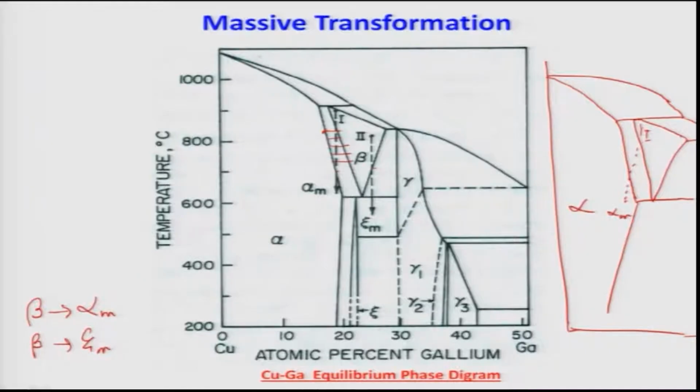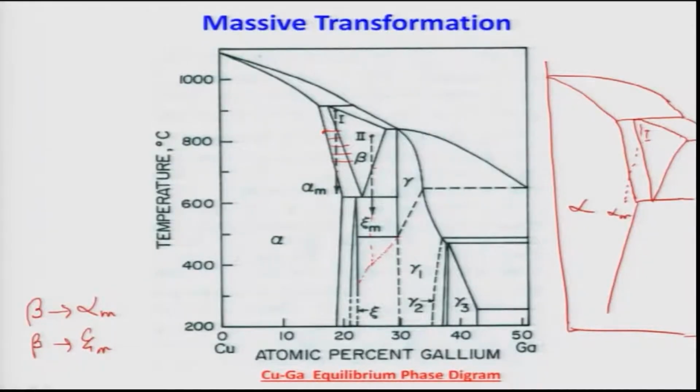If we extend this line metastably, this metastable extension of the gamma existence line, this is what leads to epsilon. This is not gamma, this is epsilon actually, this is the epsilon line, because below this line the epsilon phase starts forming. Here you can clearly see that.